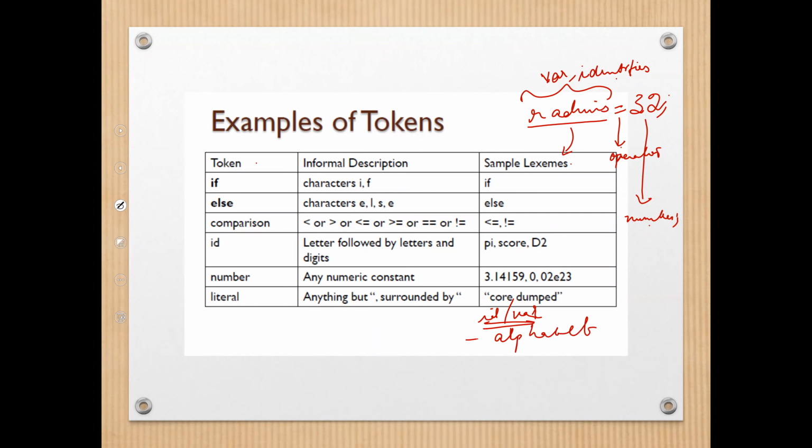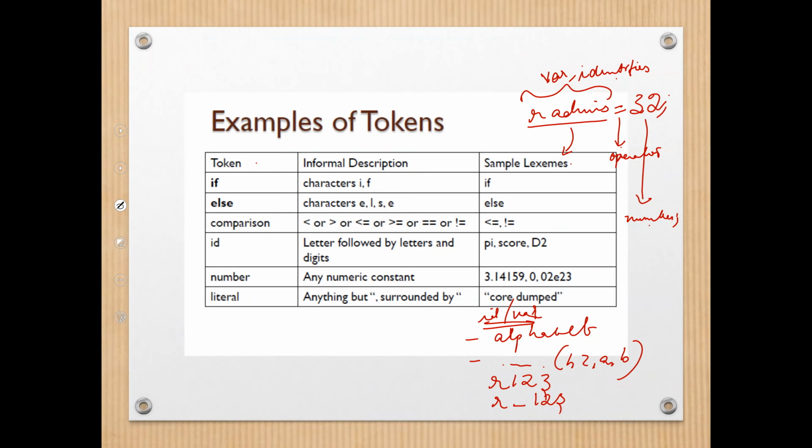The first one will be an alphabet. The remaining can be anything else. You can have numbers, you can even have alphabets, because you can very much have a variable like R123. That is possible. You can even have a variable like R-123. All that is possible.